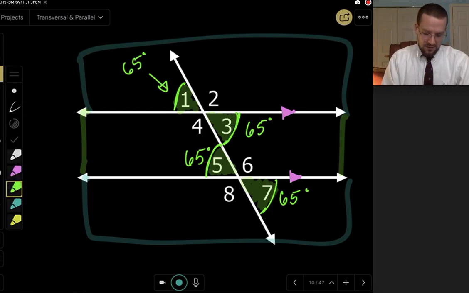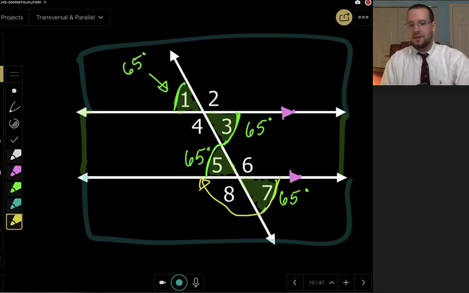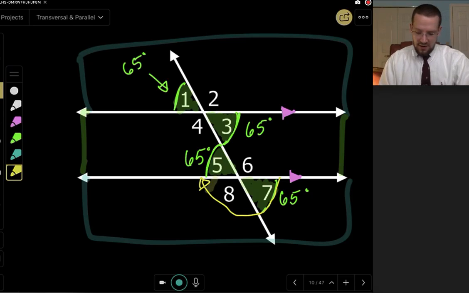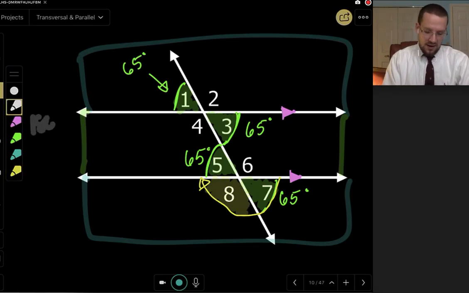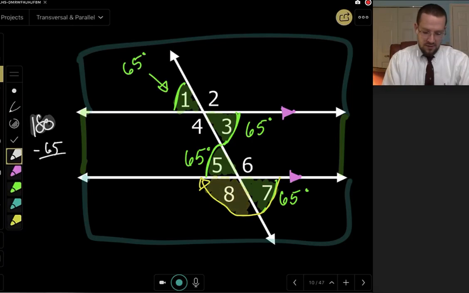Okay, so watch this. Vertical angles, wait a second, that's a linear pair. 7 and 8 are a linear pair. They add up to 180 degrees. So I know that 8 will be 180 minus 65, which is 115.